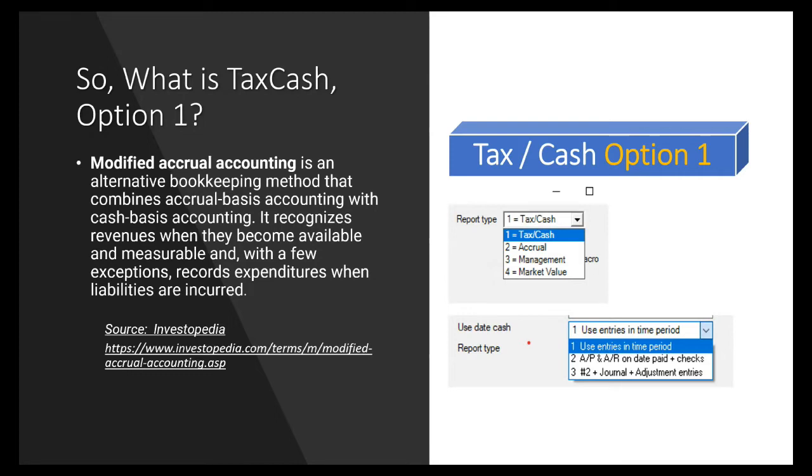Basically, it's the ability to manage accounts receivable and all your basic journal entries, but not have your expense adjustments back to the balance sheet. So it's kind of a modified accrual accounting, and this is a term I did find as I did some research on this.